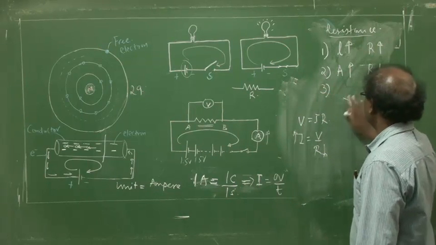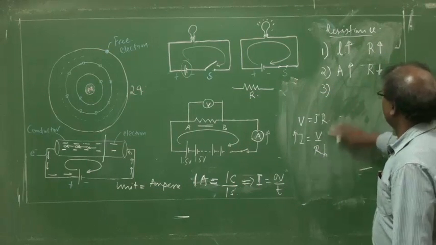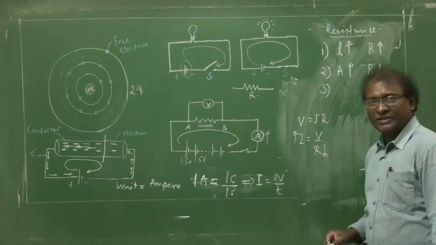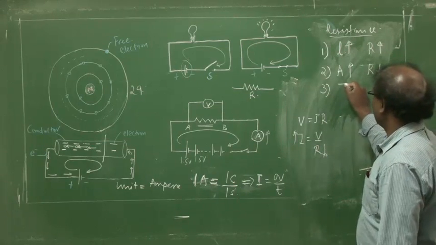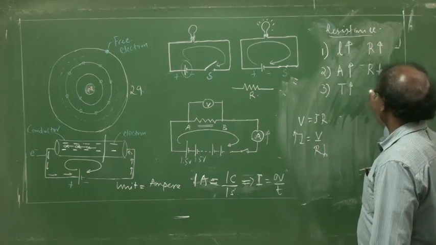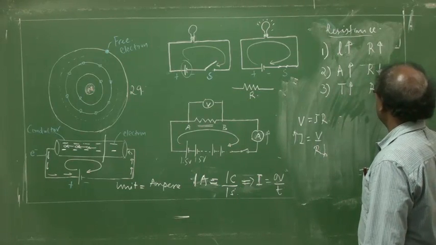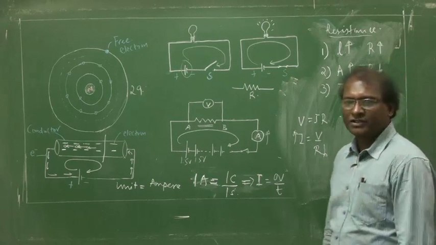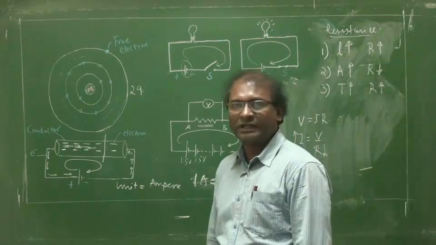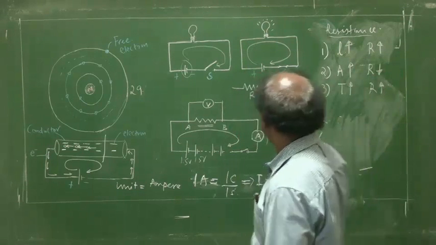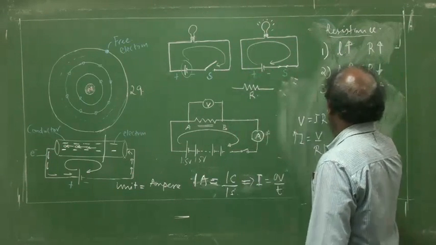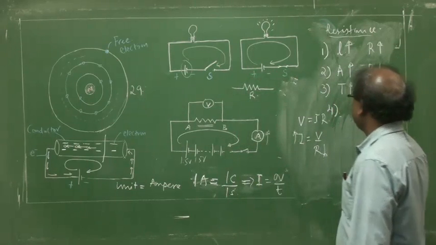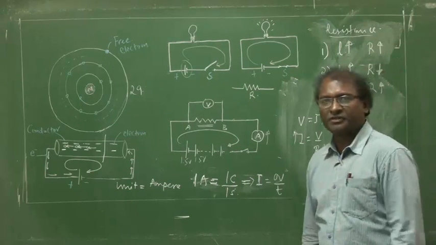Third factor: we also see that as the temperature increases, resistance increases, which means the current decreases in a given wire at a higher temperature. Another important factor is the property of the material.